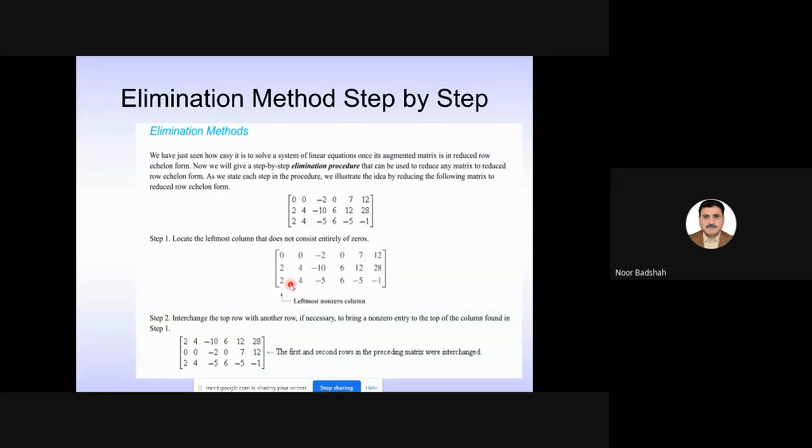You must practice. You must practice converting a matrix into echelon form or reduced echelon form, because we'll be doing that again and again.